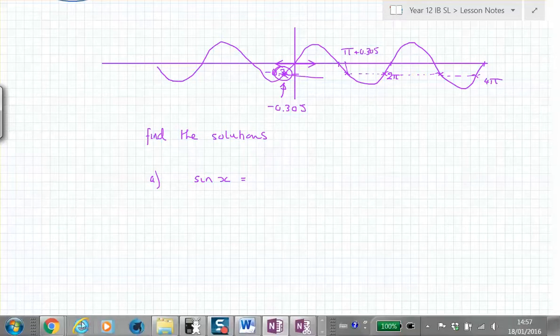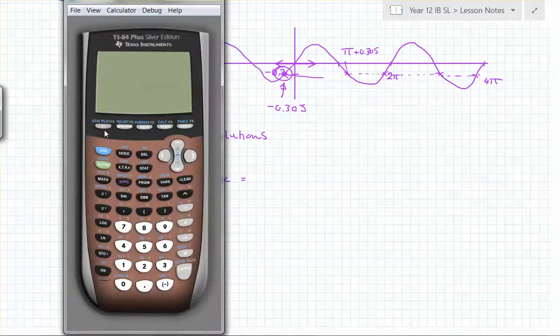Right, don't forget, if you're going to use your calculator, I'll put y equals sine x. If I were you, you can put cos of x in as well, then you've got them both there. I'll switch off the cos graph because I'm not using it right now.